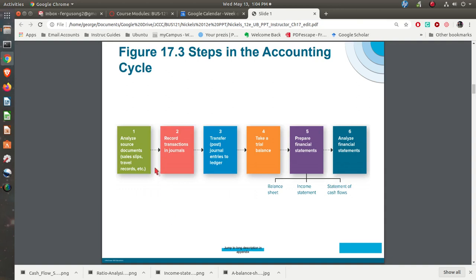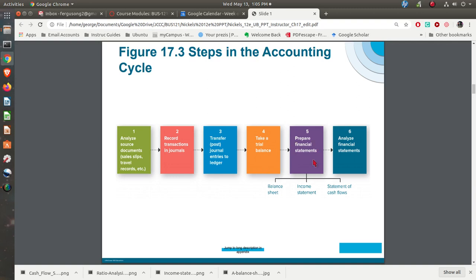The process: you analyze all of the documents and things that you have and record them. Put them into a ledger, in other words, something that captures all of the information. And then what you do is you take a trial balance. In other words, you're kind of a test. Does everything balance?